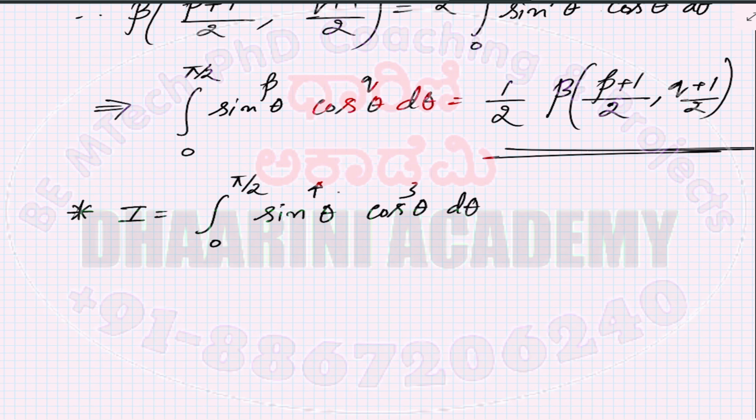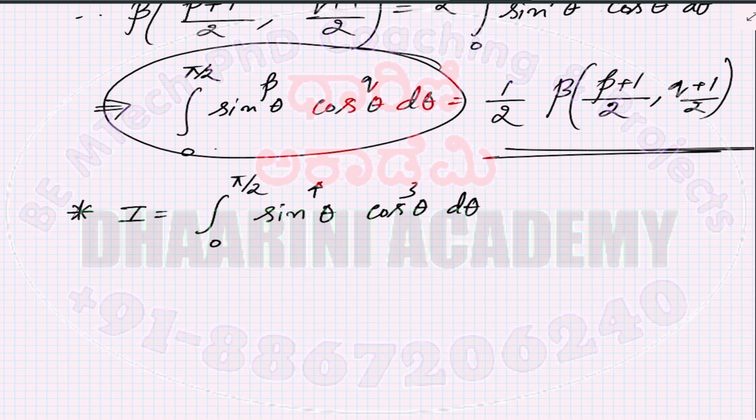Simply compare the given equation with the standard term: integral 0 to pi by 2 of sine to the power p theta cos to the power q theta d theta. I can compare and understand that p is equal to 4 and q is equal to 3. So I can directly write this as half of the beta function of (p plus 1) by 2, (q plus 1) by 2.